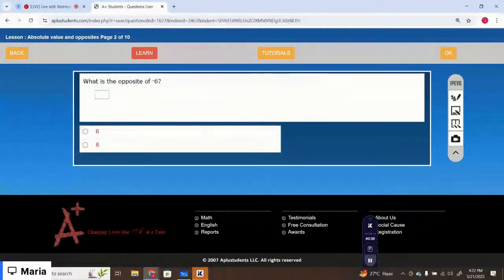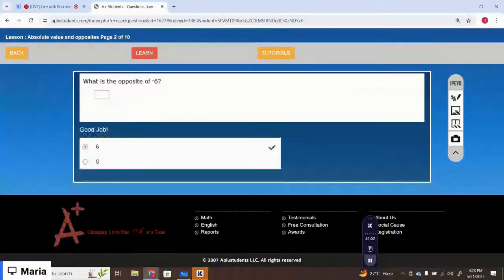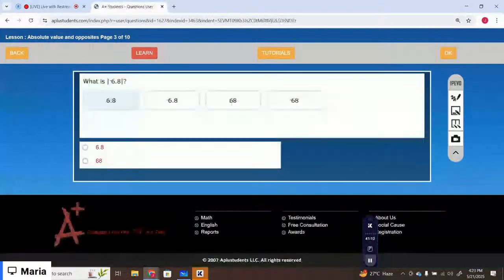What is the opposite of negative 6? The opposite of negative 6 is 6. Option number 1 is the correct option. What is the absolute value of negative 6.8?